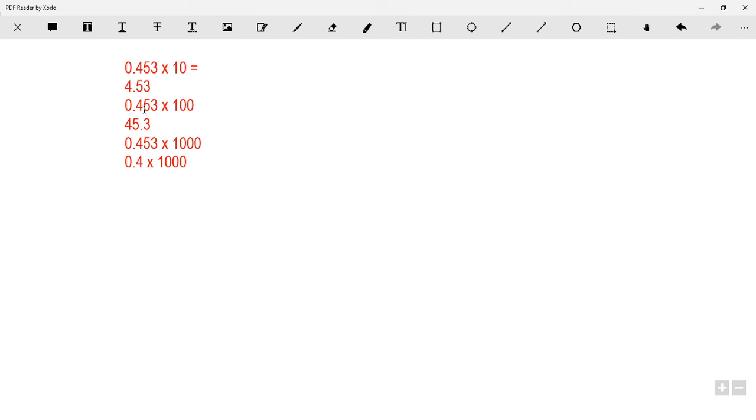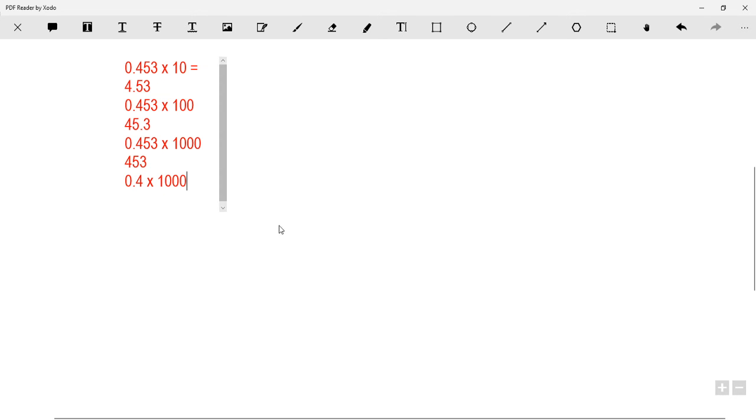Because these numbers shift one spot to the left, it becomes 4 and 53 hundredths. 2 spots to the left is 45 and 3 tenths. And then 3 spots to the left would be 453, because it would just be one more spot that we're shifting all of these numbers.